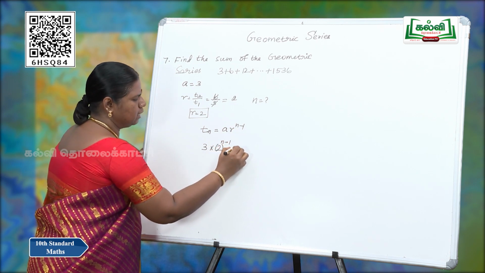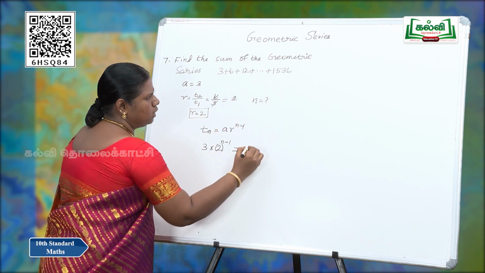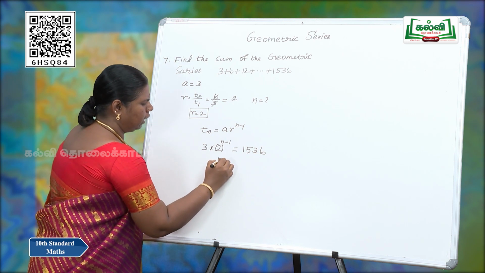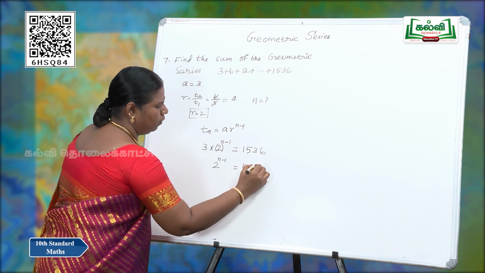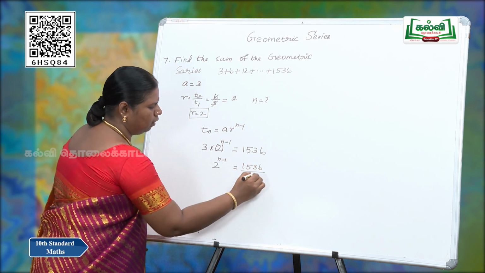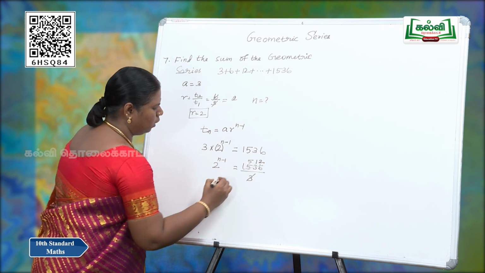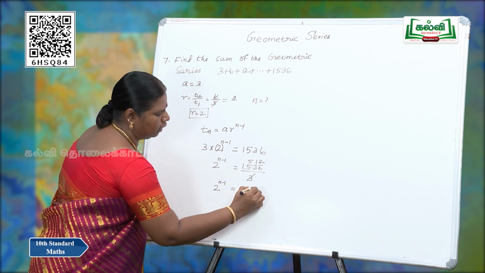So, write it as equal to the last number, 1536. So, 2 power n minus 1 is equal to, on cross multiplying, 1536 by 3. On cancelling we get 512. 2 power n minus 1 is equal to 512.